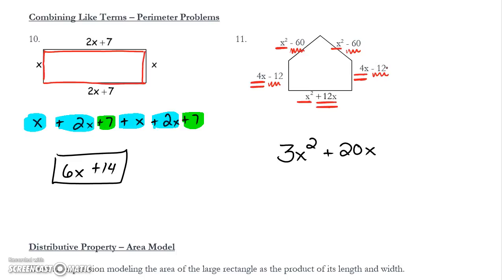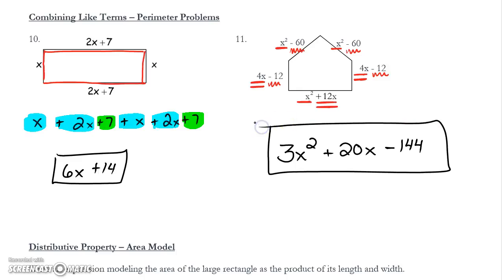I get a negative 144, which makes this minus 144. And there's my final answer. So two possible ways to do perimeter problems.